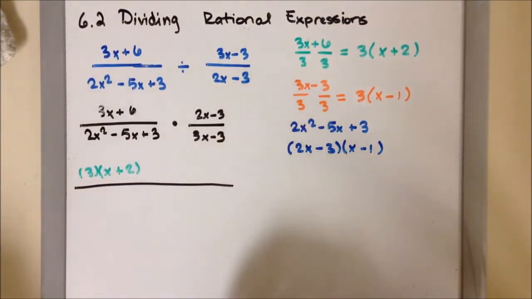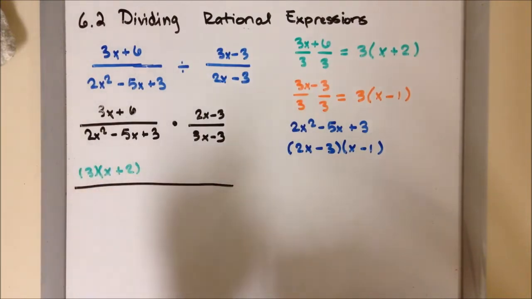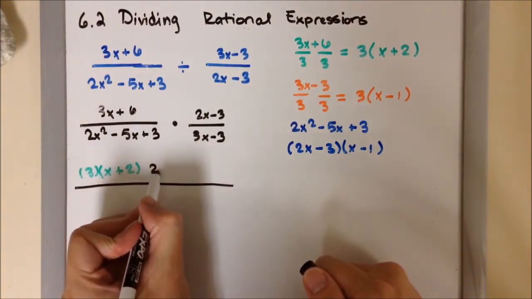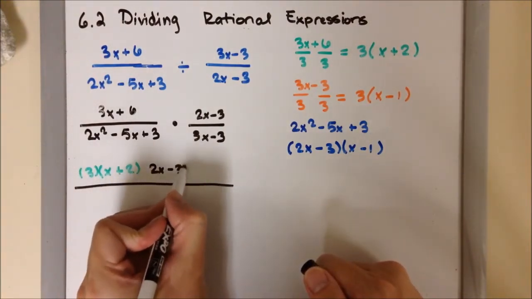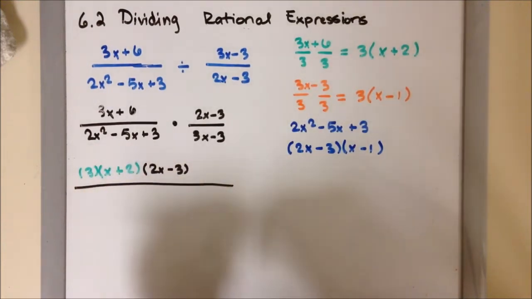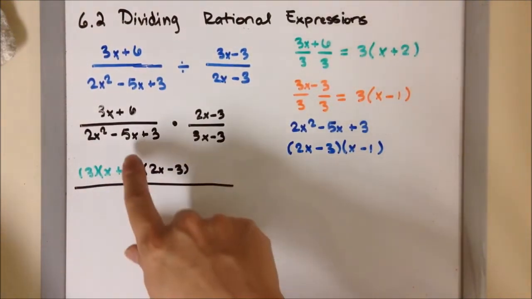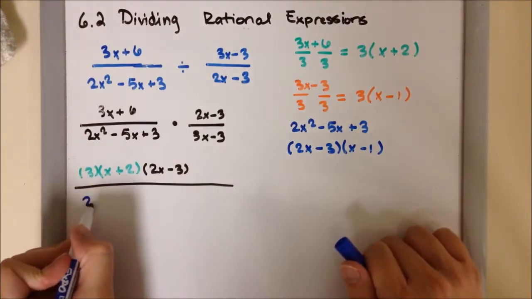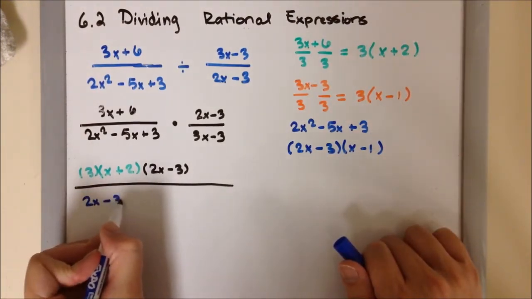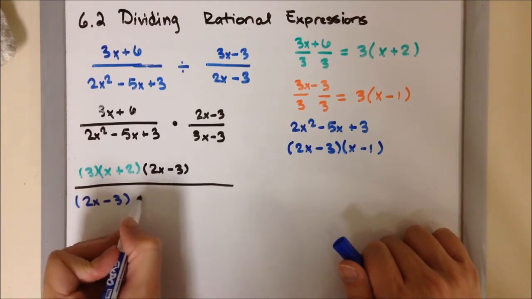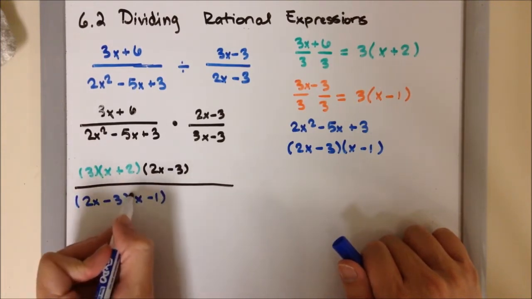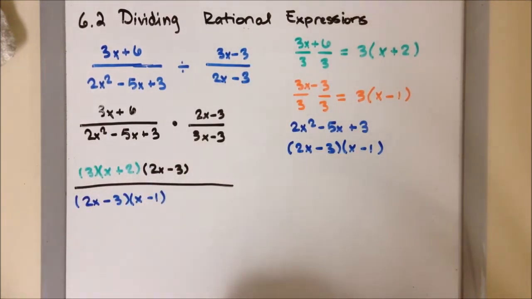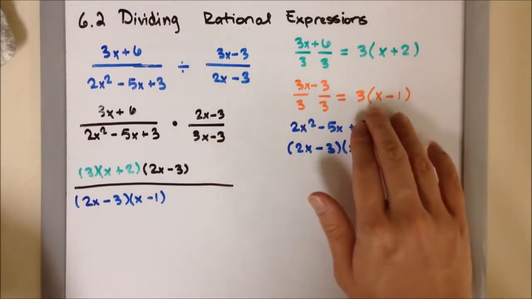And then 2x minus 3, I didn't do anything to it, so it will stay the same. The 2x squared minus 5x plus 3, I'm going to replace it with this. And then the 3x minus 3, I'm going to replace it with this.